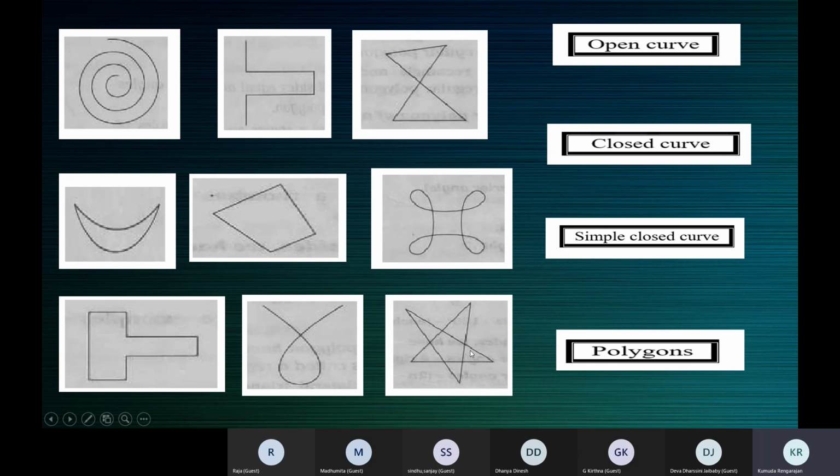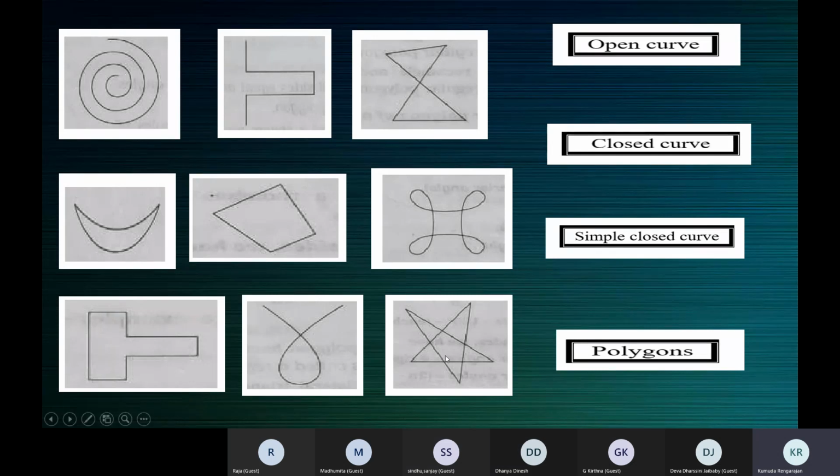Now, if it is a closed curve, then you have one more question. Is it a simple closed curve? If it's an open curve, you don't have any further question. Curve, open curve, that's it. If it is a curve and a closed curve, then you have one more question: is it a simple closed curve? No, because you can see it crosses over itself at many points.